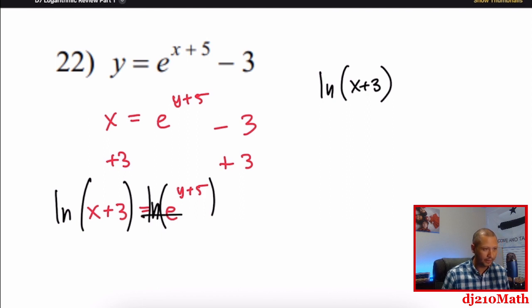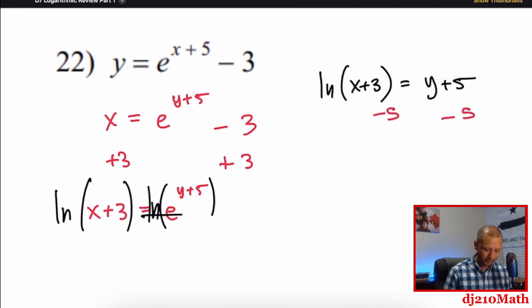Anytime they see each other or they touch or however you want to think about it, they basically go away and the exponent is what it is. And then to isolate y for the final step, we subtract 5 from both sides. So final answer, ln of x plus 3 minus 5 is equal to y.